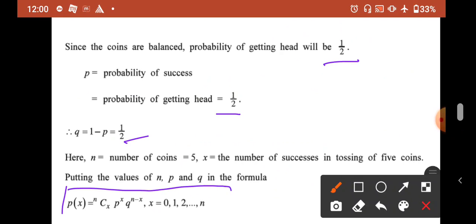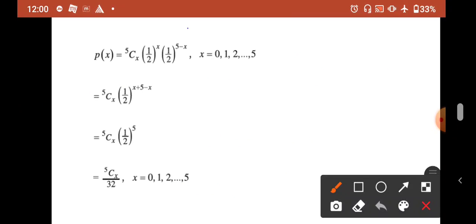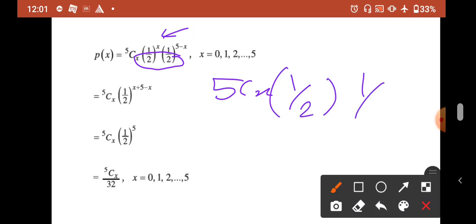This is the formula. After substituting the values in the formula, the denominator is the same, 2. So we need 5cx, then p which is 1 by 2, and q which is also 1 by 2, with power x for p and power n minus x for q.